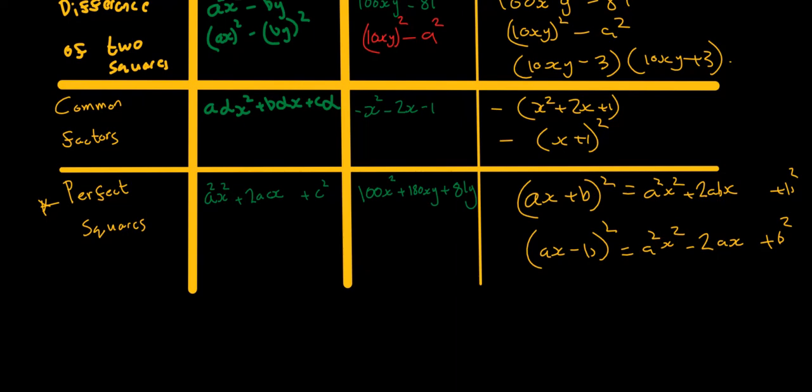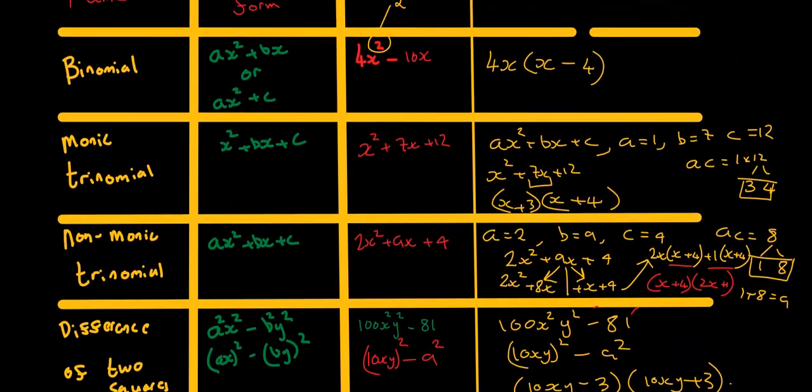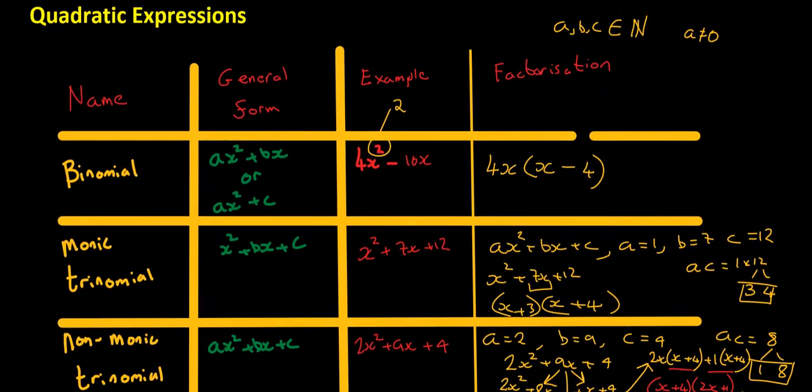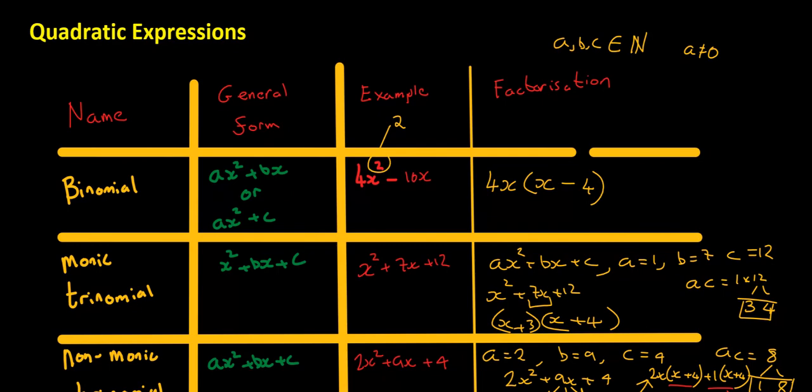Okay, so this is our family of quadratics, if you like, and we need to remember binomial just means two terms. Of the binomial, we have difference of two squares, and just basic quadratics. We have monic quadratic trinomials, where a is equal to 1.